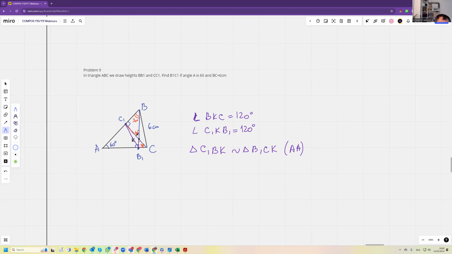So I'm talking about this triangle and this triangle, 30, 60, 90. Nice. And that means that the ratio of C1K to B1K is equal to the ratio of BK to CK.